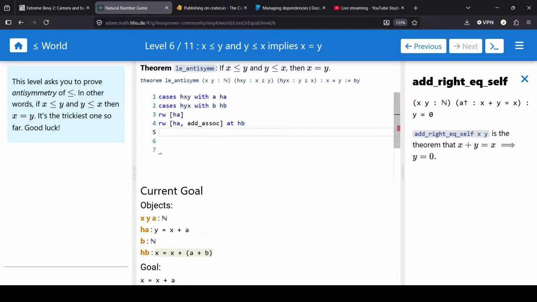But then if I use simp at HB, that looks pretty good. So now I can use apply add_right_eq_self at HB, right? Okay.